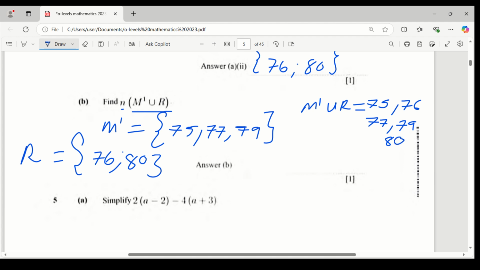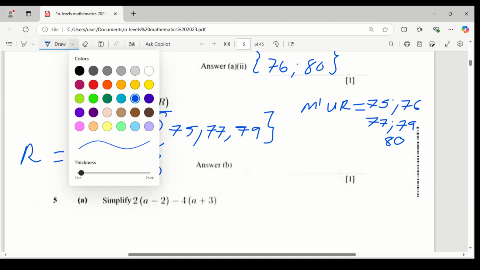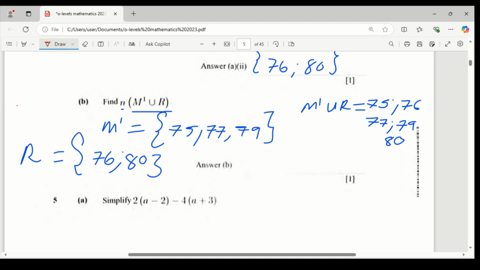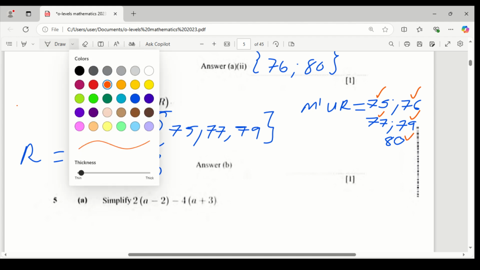So those are the elements, and if you count the number of those elements, since it is saying now the number of, so we have to count the number of M complement union R. So that's 1, 2, 3, 4, 5. So our answer is going to be 5. That's going to be our answer.